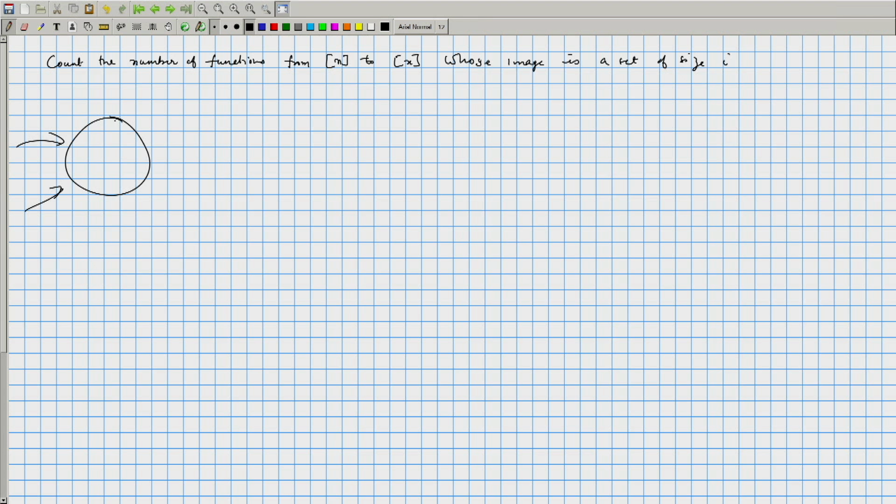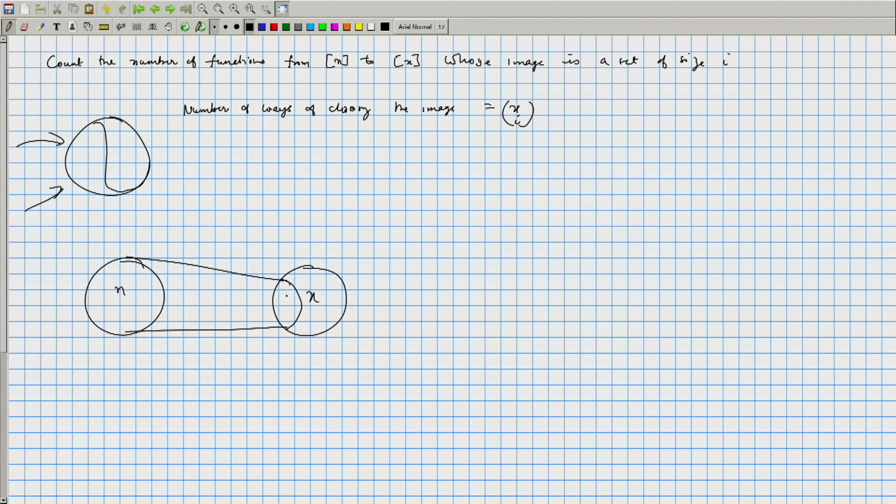Now, if the image is of size i, then that is a subset of size i that can be chosen in x choose i ways. So, the number of ways of choosing the image is x choose i. Once that has been chosen, we had this set n and we wanted to map it to x. We first restricted that the subset that it maps into is a set of size i, which could have been chosen in x choose i ways.